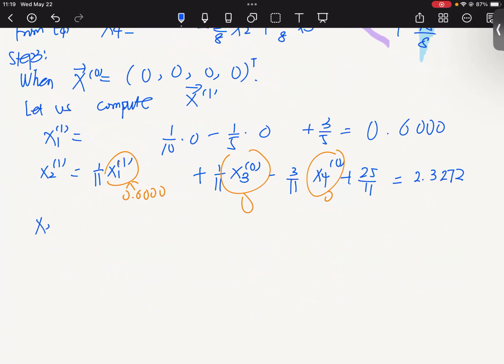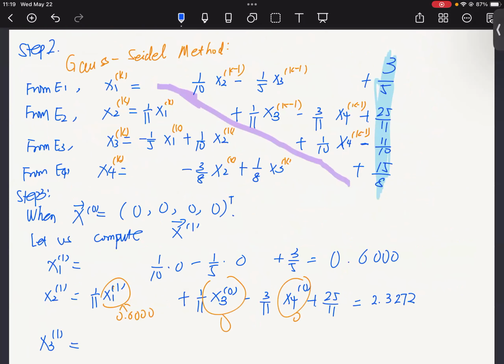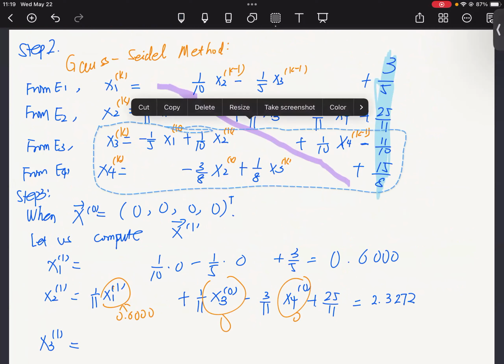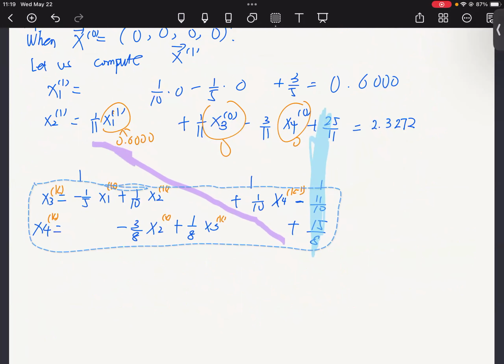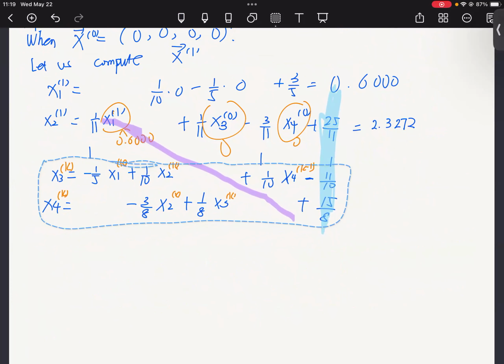And for x3,1 and x4,1, we are going to copy all the things here and do the calculations at one time.